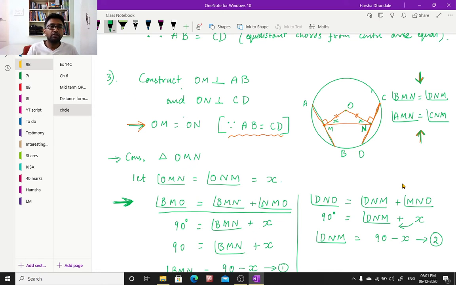So that's what I have written here. Consider triangle OMN. Let angle OMN be equal to angle ONM, equal to X.